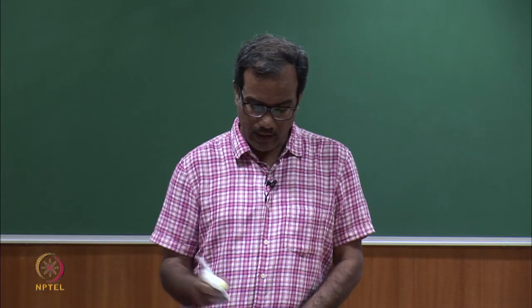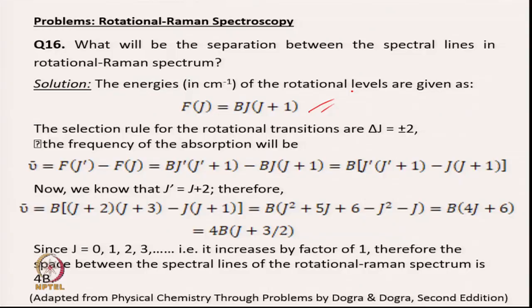This is the energy of the rotational levels, F(J) is equal to B J (J plus 1). Now, if you take F in Hertz unit, then B will be in Hertz, and if you take F in centimeter inverse unit, then B will be in centimeter inverse.